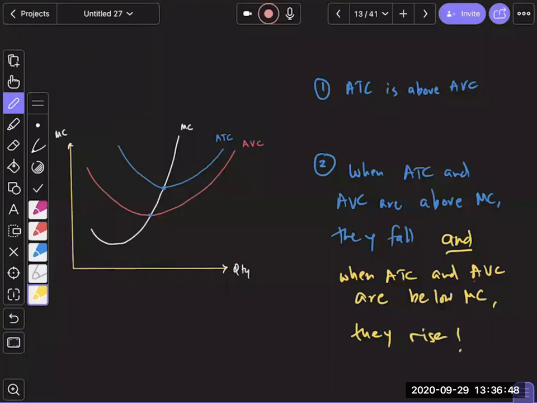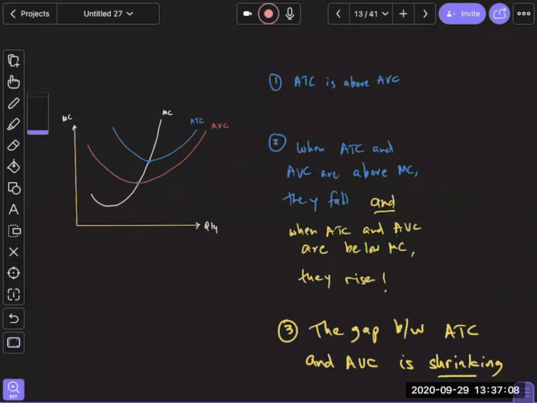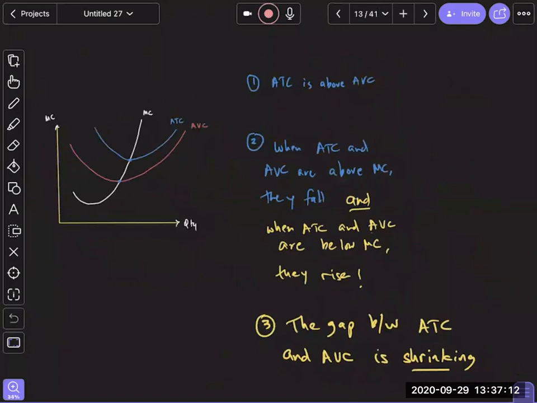Okay, and the third thing we will write is the gap between ATC and AVC is shrinking. So that's the third thing, guys. So let's talk about all these three things.